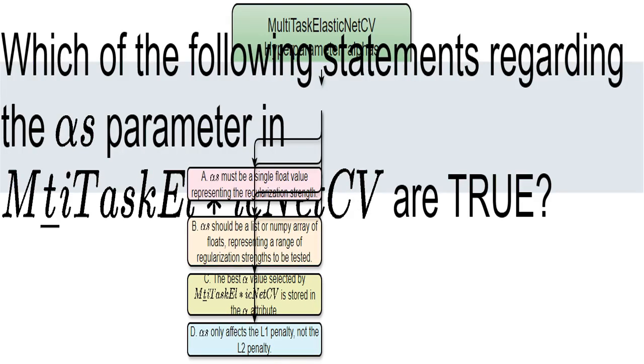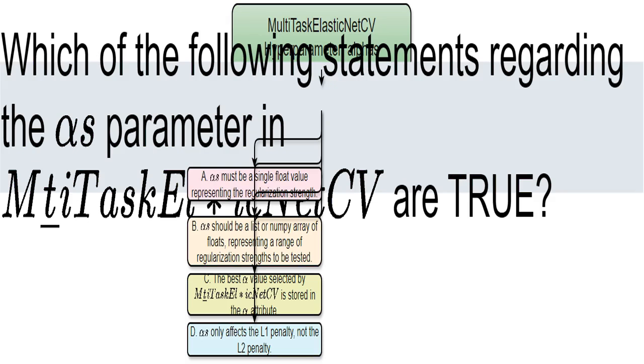The question tests your understanding of how the alphas hyperparameter works in the context of MultiTaskElasticNetCV. It is a multiple-choice question asking which statements are true about the alphas parameter. We need to understand what alphas represents and how it's used by the MultiTaskElasticNetCV function. This is the core of the multiple-choice question.